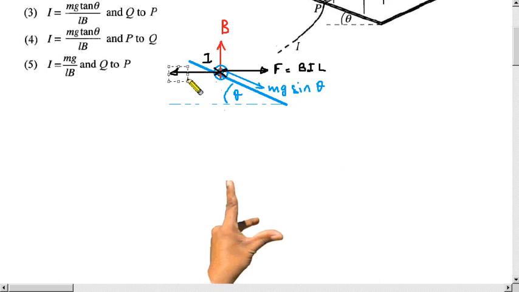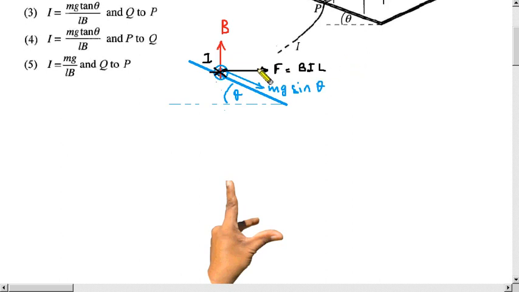We have to delete this one according to the current I considered. If the current is into the paper, then the force is towards the right.